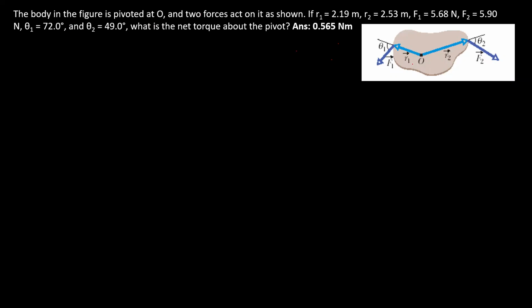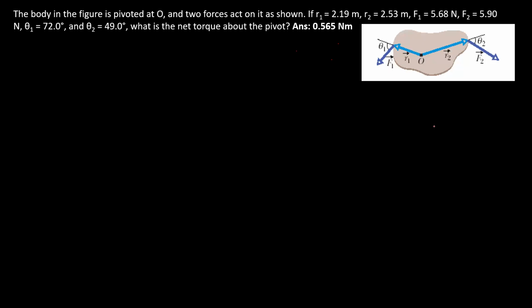And two forces act on it as shown. If R1 is equal to 2.19 meters, R2 is equal to 2.53 meters. Force 1 is 5.68 newtons, force 2 is 5.9 newtons. Theta 1 is 72 degrees, and theta 2 is 49 degrees. What is the net torque about the pivot?